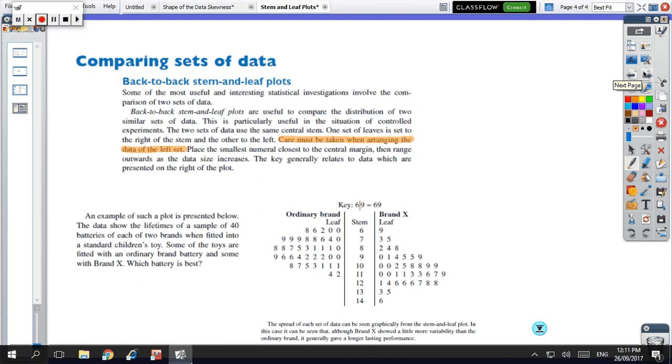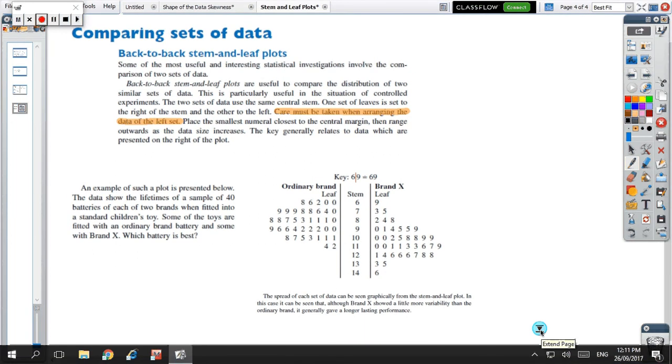And the last thing we can do is comparing back-to-back stem and leaf. So the stem is common, and you read forwards for brand X. Again, the scale says that for brand X, the lowest number is 69, but for this other brand, you have to read this way, and the lowest number for the ordinary brand is 60.